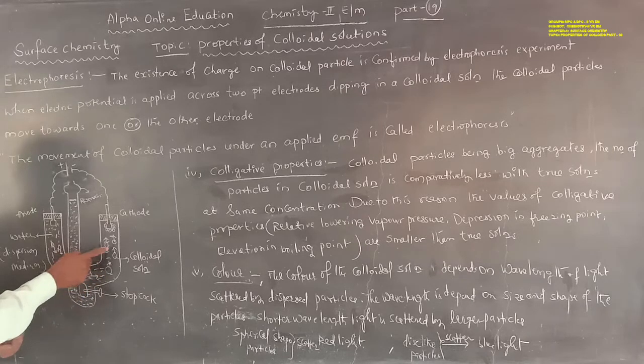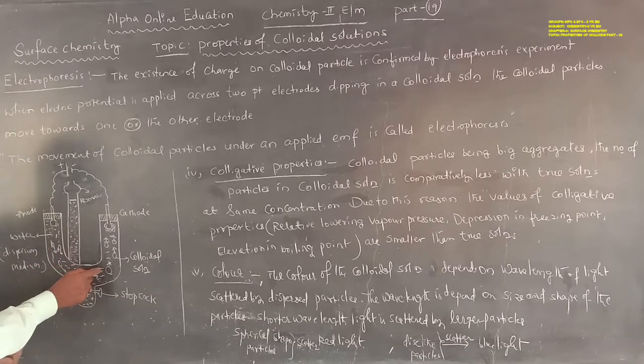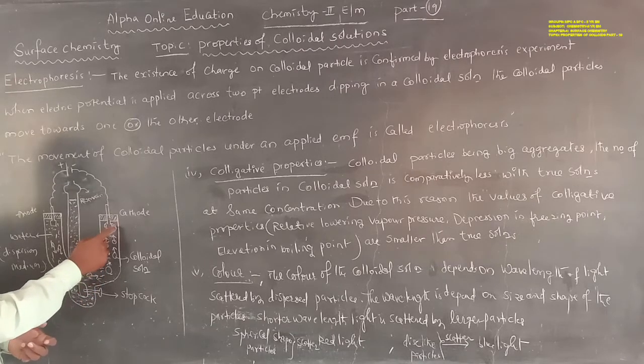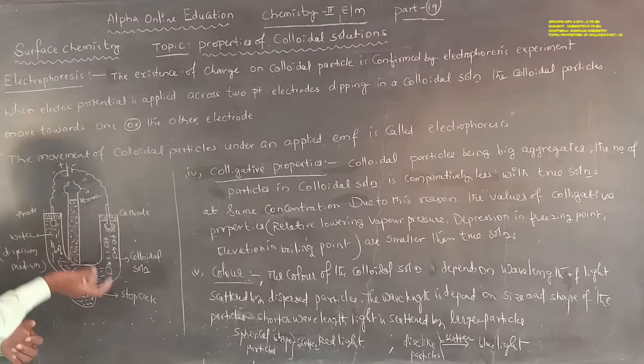If a positive colloid is taken and electricity is passed, the positively charged colloidal particles move towards the cathode.